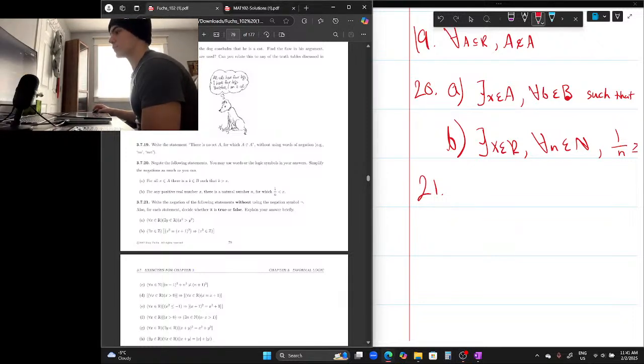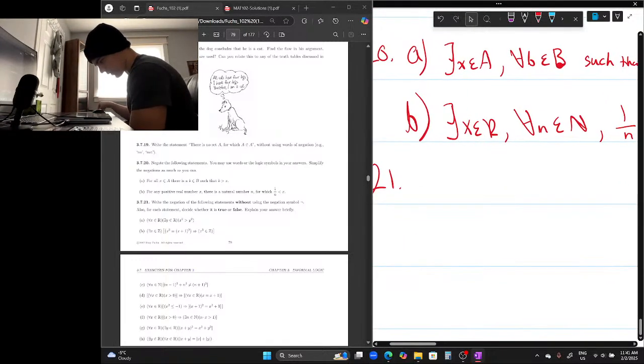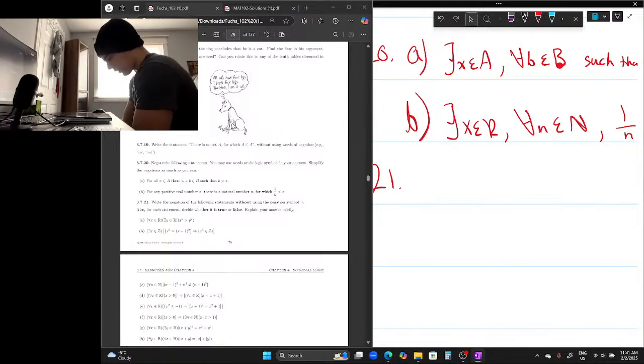Anywho, let us get back to it. Write the negation of the statements without using the negation symbol. Also, state whether it is true or false, and explain your answer briefly.